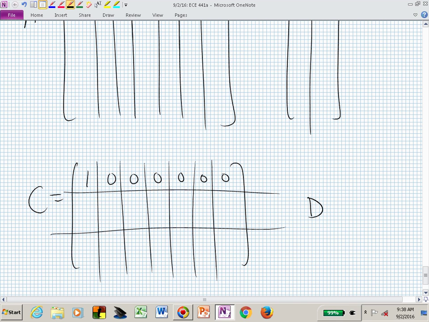What about D? It didn't have any U's, direct feed-throughs into Y. The second row of C, what was Y sub 2 equal to?